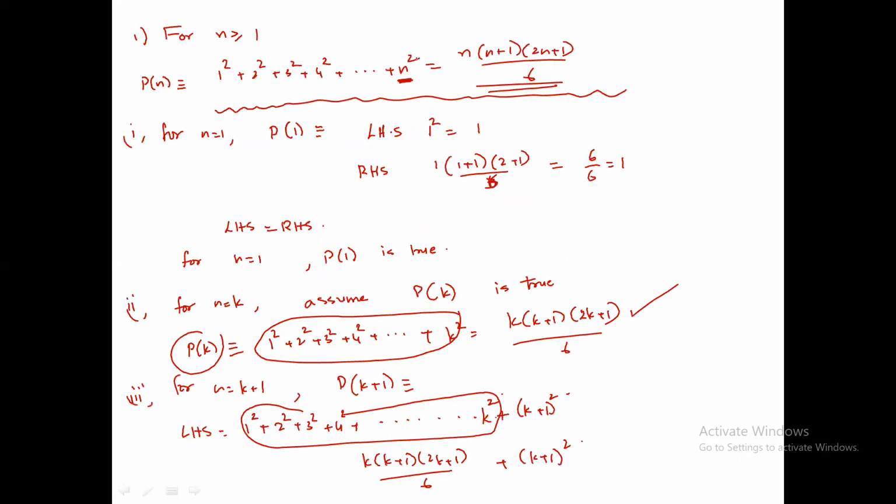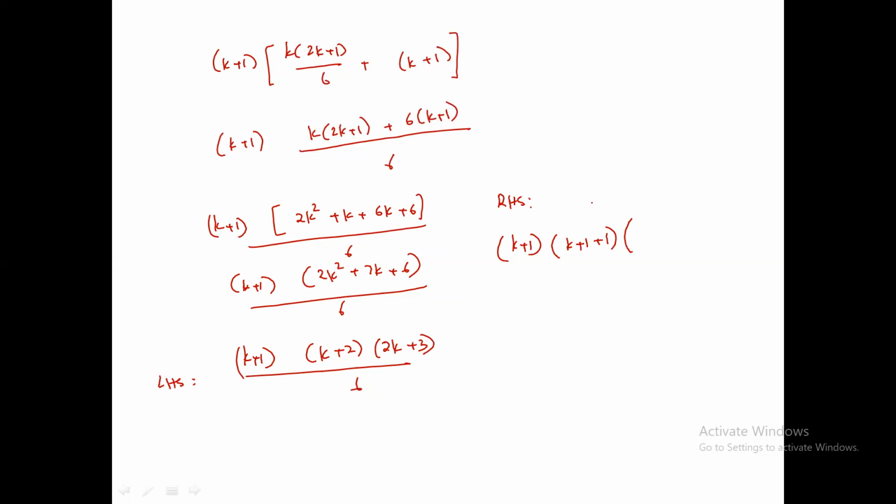See, on the right side you have n, n plus 1, then 2n plus 1, so 2 into n, which is k plus 1, plus 1, by 6. That means you'll have k plus 1, k plus 2, 2k plus 3 by 6. You can see the left hand side answer and right hand side answer are the same.